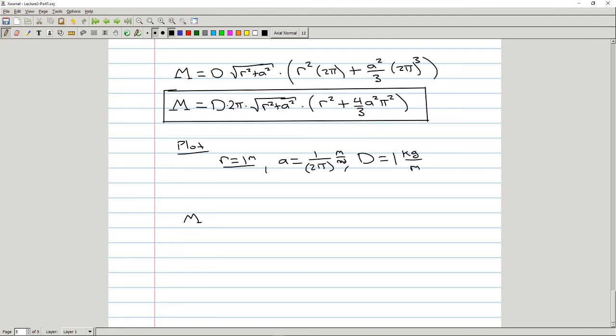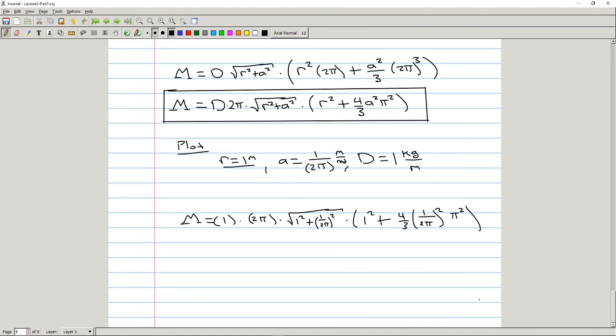So this is going to be 1 times 2 pi times the square root of 1 squared plus 1 over 2 pi squared, times 1 squared plus 4/3 times 1 over 2 pi squared times pi squared.